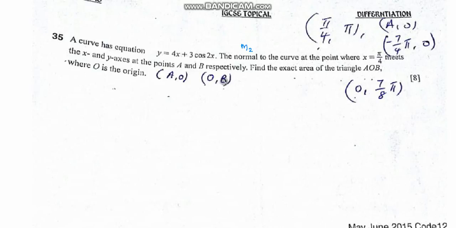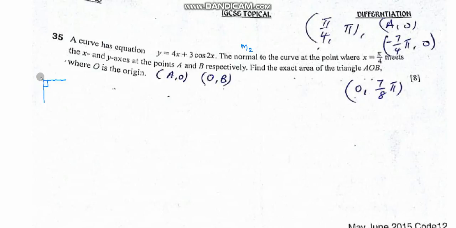Why? Because the triangle AOB has one of its vertices at the origin. In other words, it is a right angle triangle. I do not know the location yet.